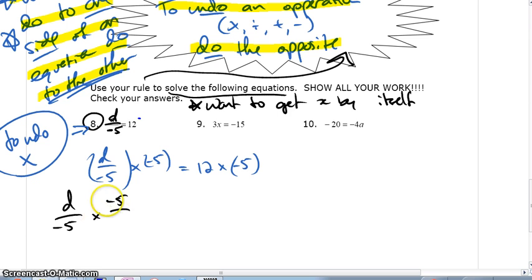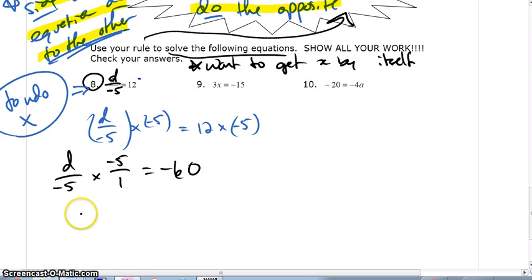We're actually doing this. With fractions, this is actually what's happening. This side's just going to equal negative 60. That's all good. But now we've got d divided by 5, and then we're timesing by 5. So we'd actually have negative 5 d's on the top and negative 5 on the bottom, right? Negative 5 times d is negative 5d. Negative 5 times 1 is negative 5. So negative 5 d's divided by negative 5 d's is just d.